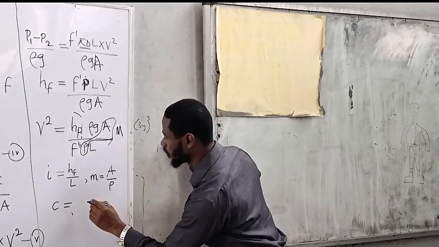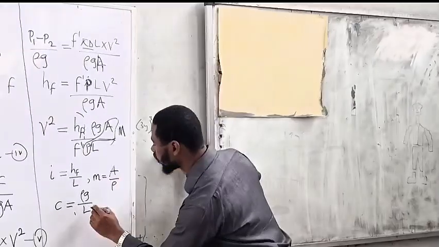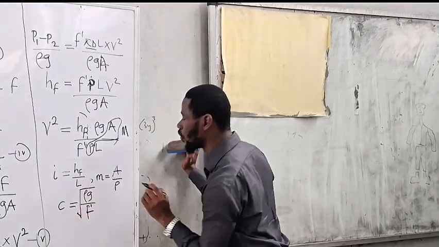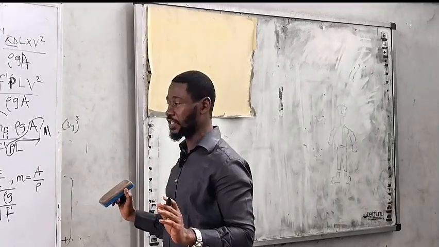Rho G over F prime. Thank you very much. So let's just make it as square root of rho G over F prime. You are still going to see it now.